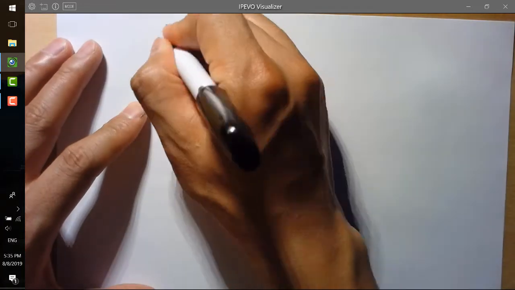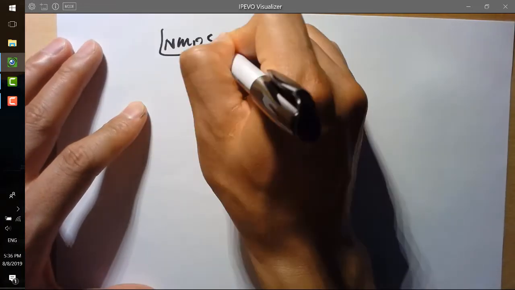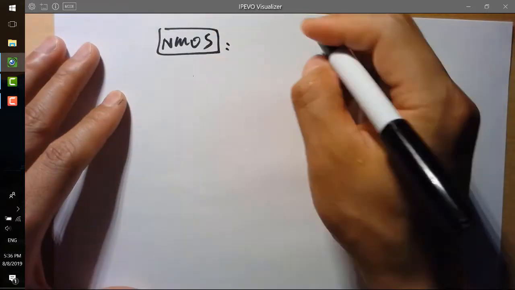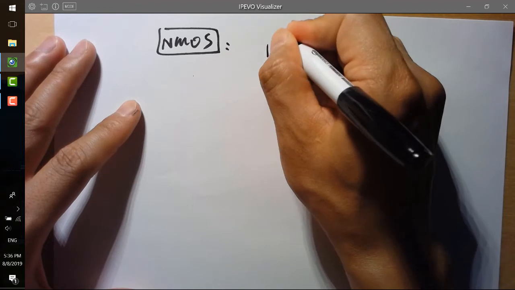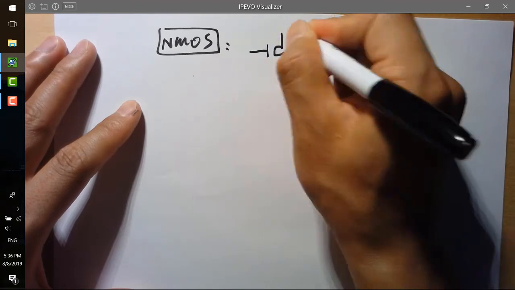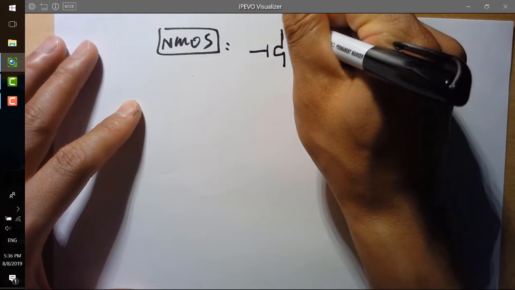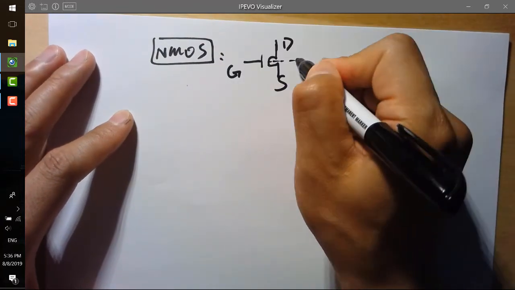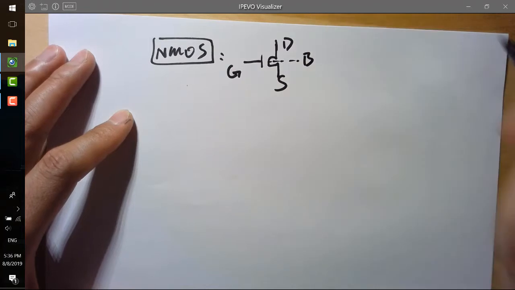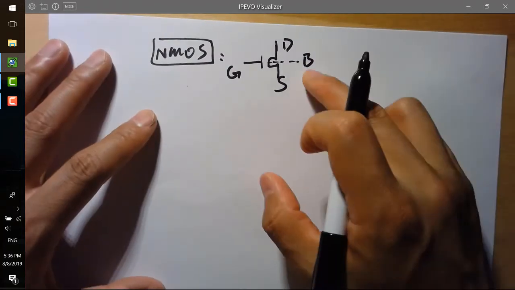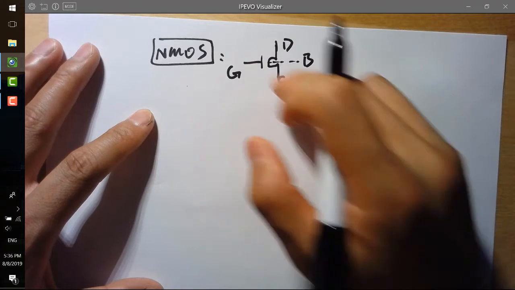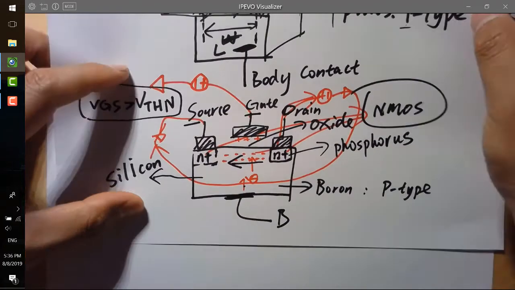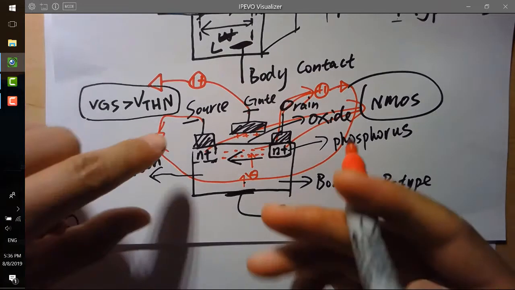So for the NMOS, there's the IV curve, and the symbol for the NMOS is like this. Okay, here is the drain, here's the source, here's the gate, and you have another contact here, which is a body contact or bulk contact. So there are actually 4 terminals. If you look at the cross section, the symbol is designed in that way.